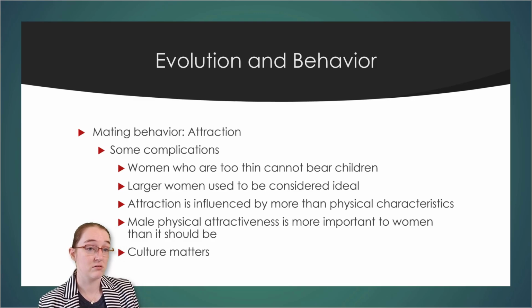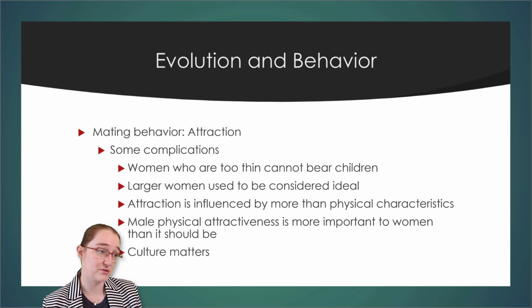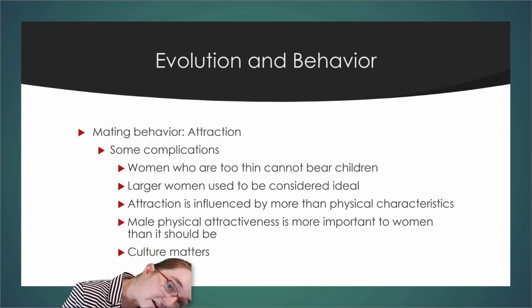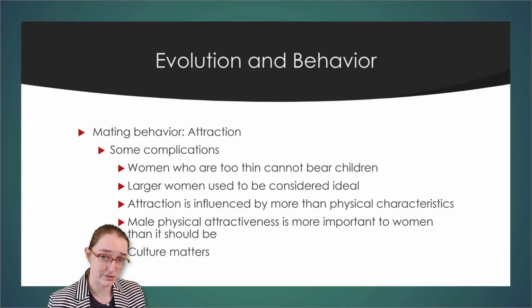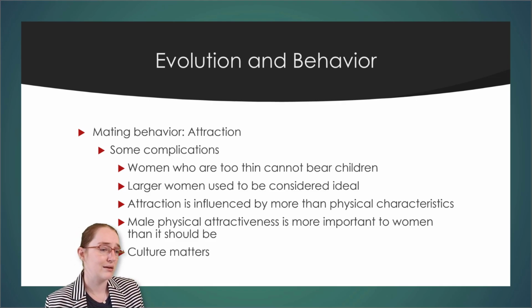Alright, so let's talk about attraction in terms of mating behavior. So there are complications to this. Attraction is influenced by more than just physical characteristics, including perceptions of honesty and whatnot.